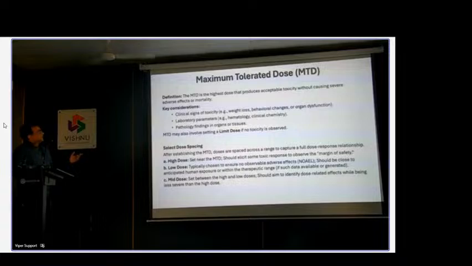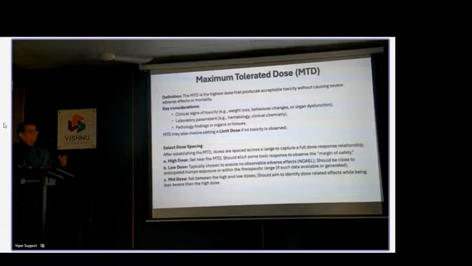Again, as I said, there is the maximum tolerable dose. This is the highest dose that can produce acceptable toxicity without causing severe adverse effects or mortality. A key consideration is that in toxicology studies or dose range finding studies, you would end up seeing clinical signs of toxicity, because you would measure behavioral aspects as well as clinical pathology, clinical chemistry, and histopathology data.